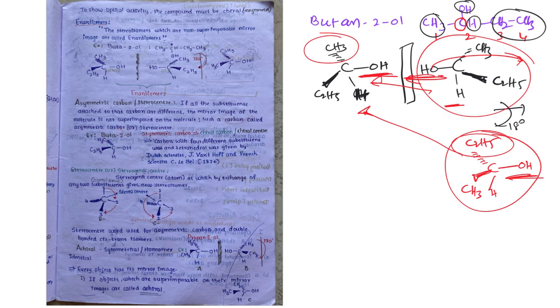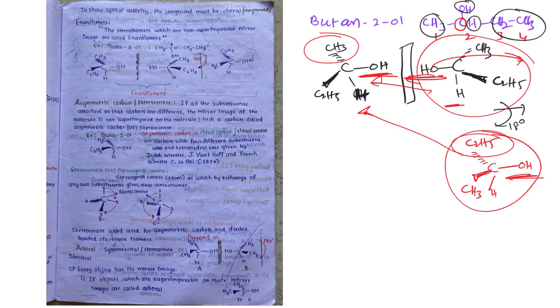Now in the same example, butan-2-ol, all are different: OH, CH3, ethyl, H. Therefore this carbon is called an asymmetric carbon or chiral center. All these different terms will be used at the competitive level, so you should be familiar with them. Now, carbon with four different substituents.